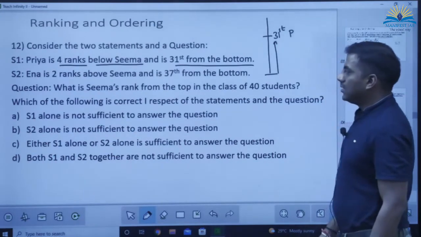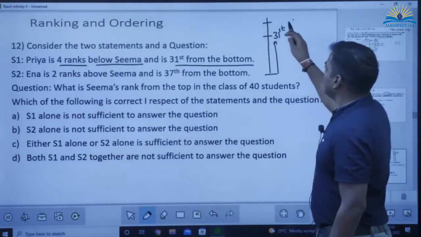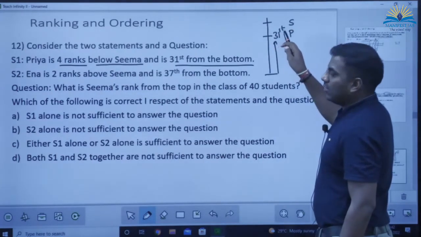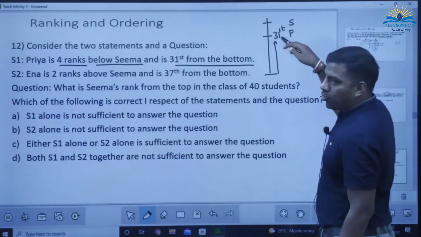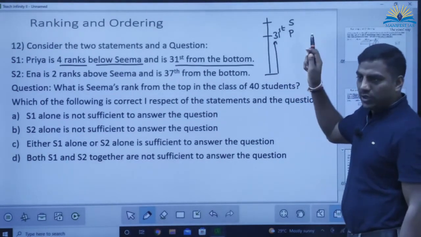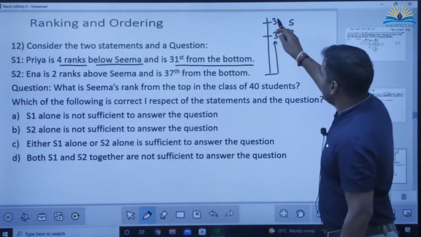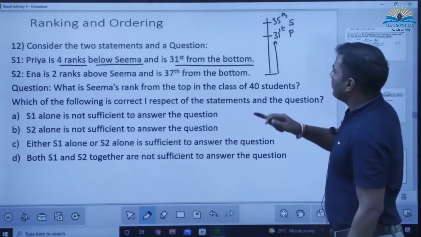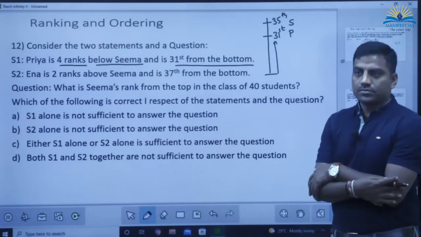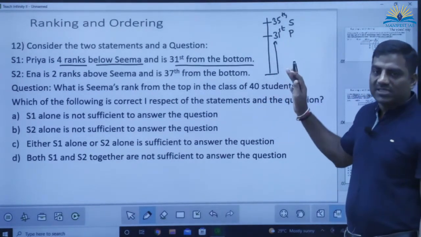And she is 4 ranks below Seema. If you take this as Seema, then what is the rank of Seema from the bottom? Priya is actually 4 ranks better than Seema. But if you go from the bottom, Seema will become 35th. How many are there? We don't know. But from the bottom, this is the scene.